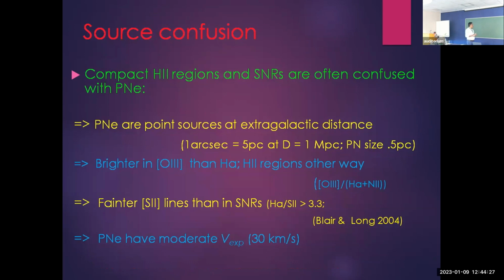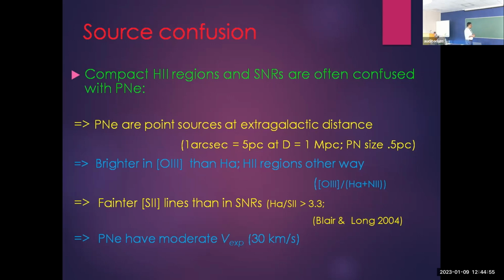For example, planetaries are point sources at extragalactic distance, because 1 arcsec is equal to 5 parsec at 1 megaparsec distance, but even an evolved planetary is less than say 0.5 parsec. And they are very bright in O III and weak in H alpha, but the H II regions are the other way. So this O III by H alpha plus N II ratio gives a very important clue on whether this is a planetary nebula or an H II region.